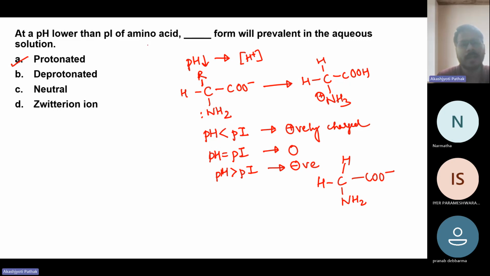Okay, so now tell me, if I keep this amino acid at a pH which is equal to the pI of this amino acid, in that case will my amino acid be soluble or will it precipitate?